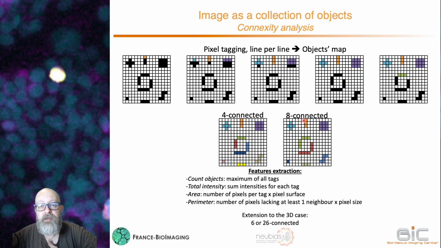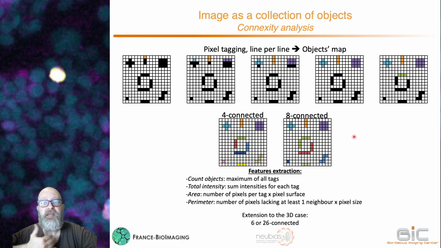If you have a look at the 8-connected situation, then sharing a corner is enough to say that the two pixels belong to the same object. And then you will have this L-shaped object.